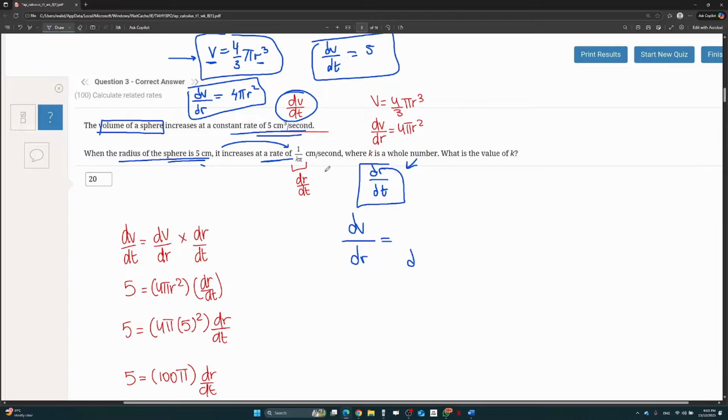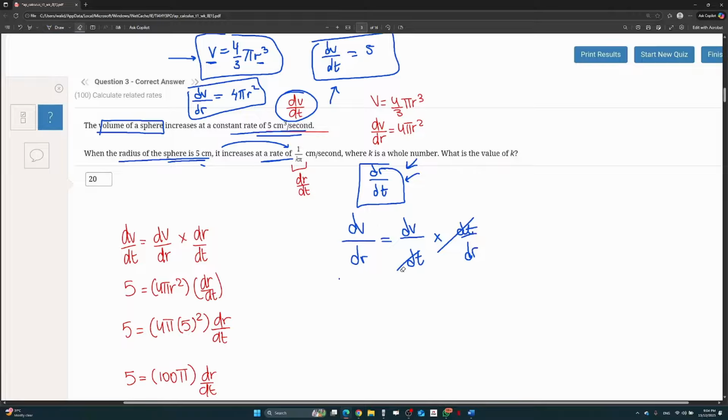It's equal to dv by dt, which is this one here, times dr by dt. If you try doing that, will the dt's cancel? No, they won't. So what do you have to do? You have to flip it upside down. So it's going to become dt by dr. So this way these cancel. We're going to get dv over dr.